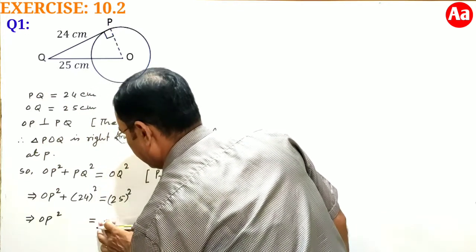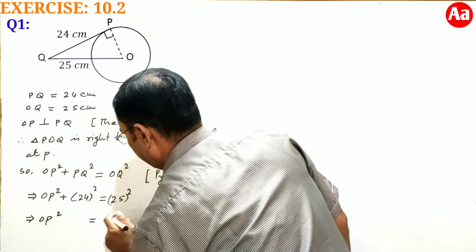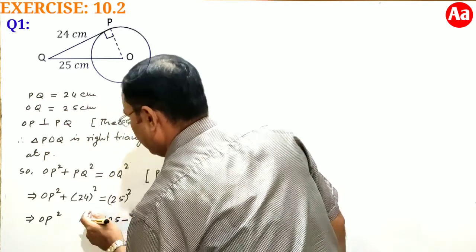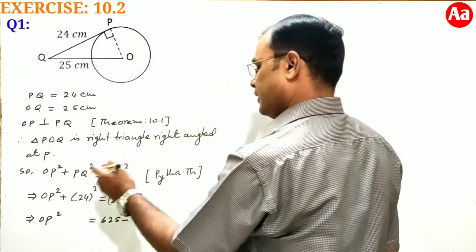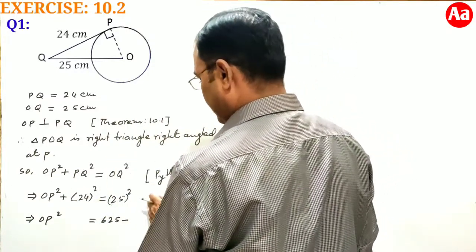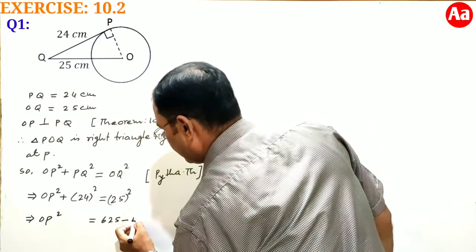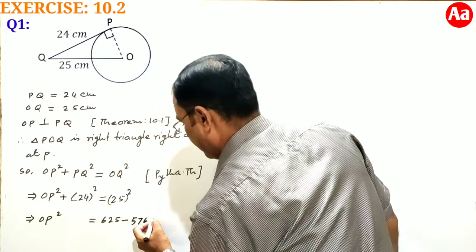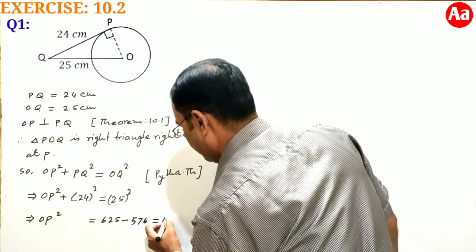25 centimeter whole square is 625 minus 24 square, transposed from left side to right side. So, it is minus 576, which is equal to 49.